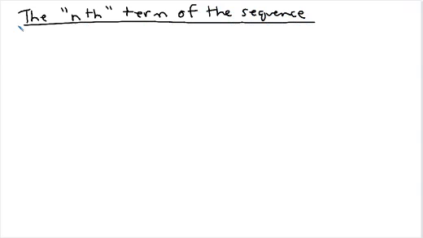And what we're doing with this is we're using it to predict, maybe we want to know the 27th term. Maybe we want to know the 45th term. This little formula will help us find it. And I will tell you what all the little letters mean. a sub n equals a sub 1 plus n minus 1 times d.